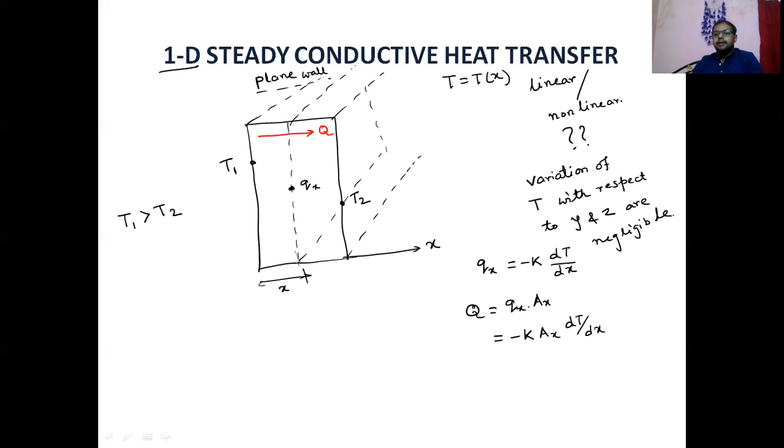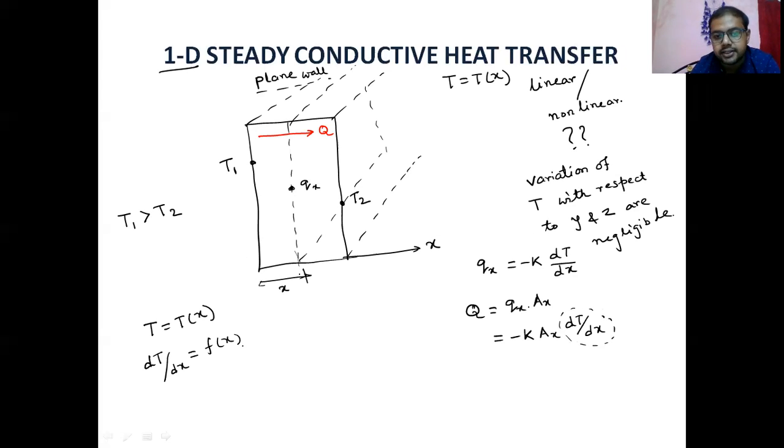Now where the physics is coming here: T is a function of X, so dT/dx will also be a function of X only. It will not be a function of Y and Z. So there is no variation of dT/dx along the Y and Z directions.